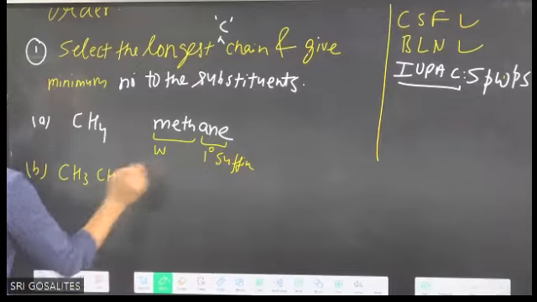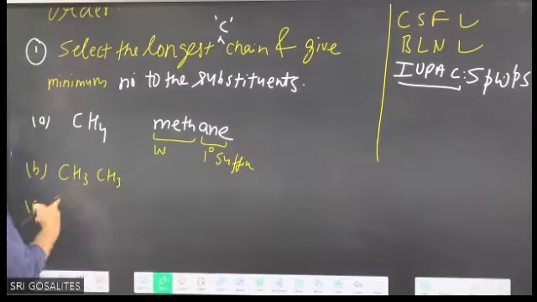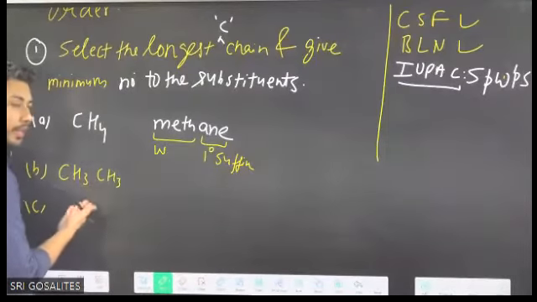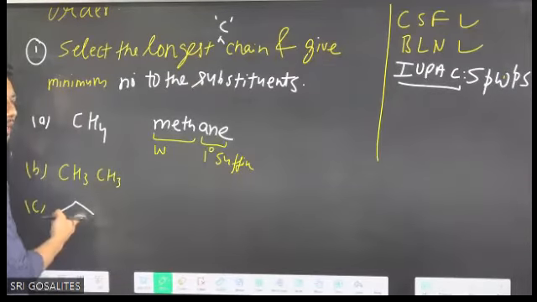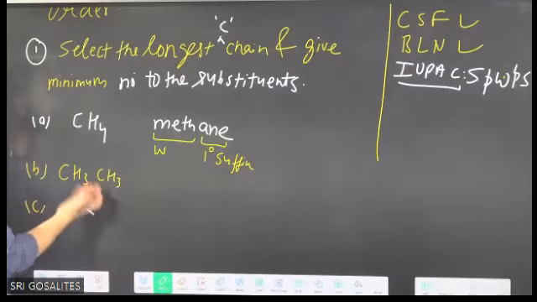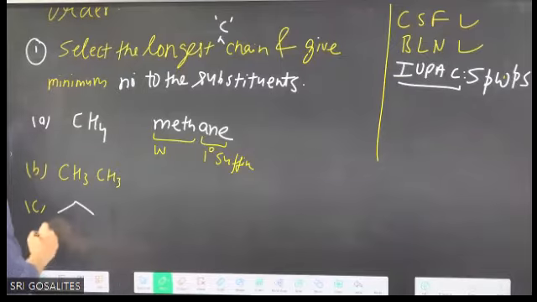Now write down the name of further. I will write the normal carbon chain like this, or I can also use the bond line notation. We have already done that one, so it's up to you. Whichever way you want to write, you can write in the notes.